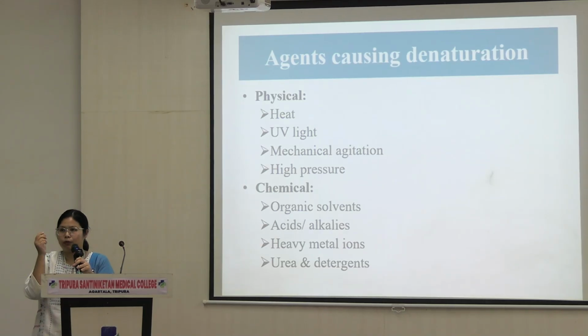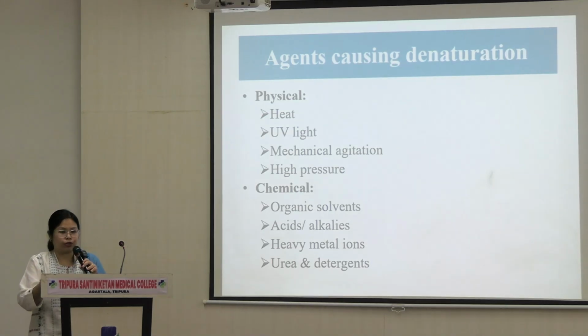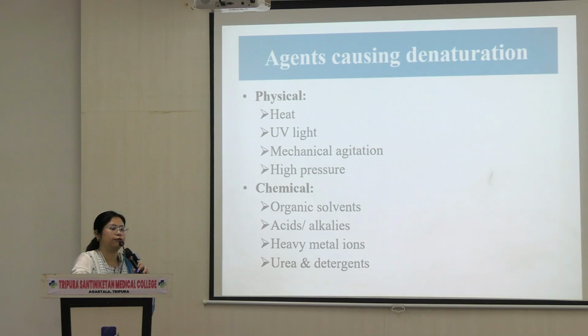It will form a thick, insoluble precipitate on the upper surface, upper 1/3 of the test tube, which will show that there is presence of protein in this solution. So this is an example of denaturation that we see in real life, milk and egg.